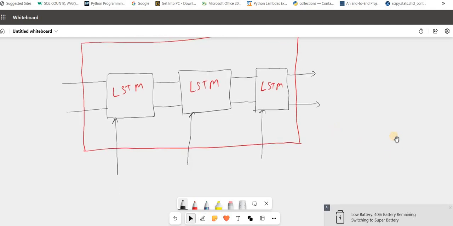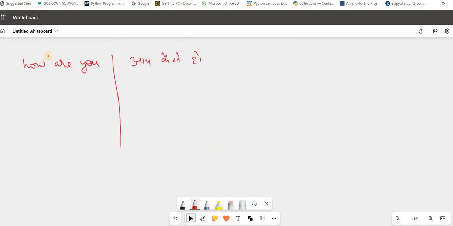Now suppose I have a sentence. There is the English sentence "How are you", and the Hindi sentence "आप कैसे हो", and another, "I am good", and "मैं ठीक हूँ". Now this is the conversion from English to Hindi.